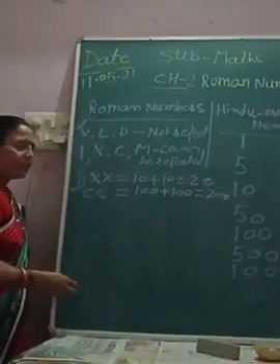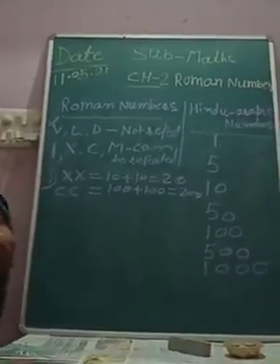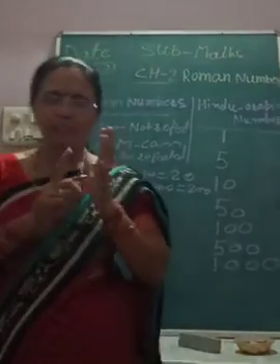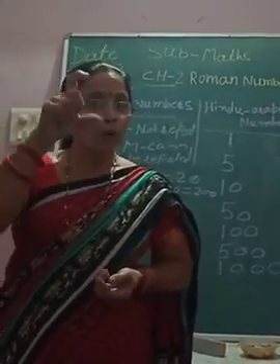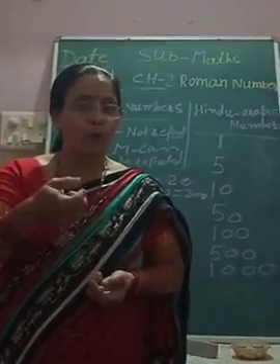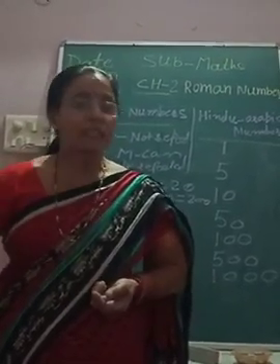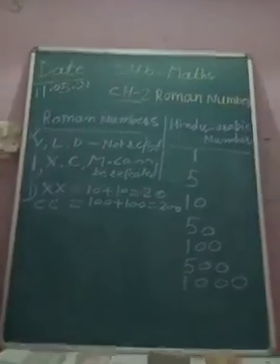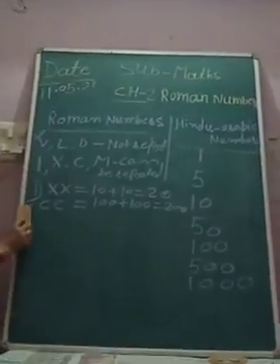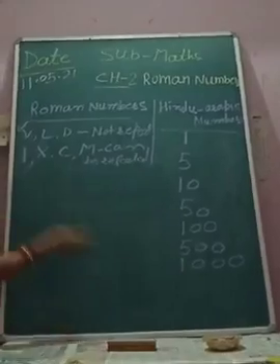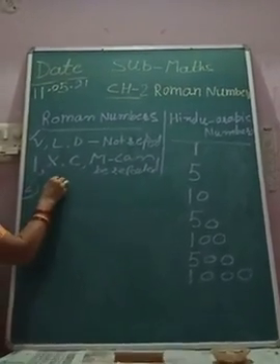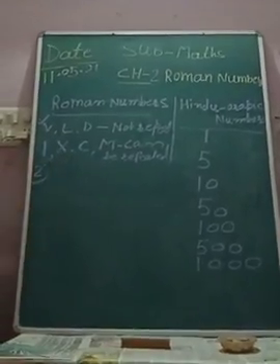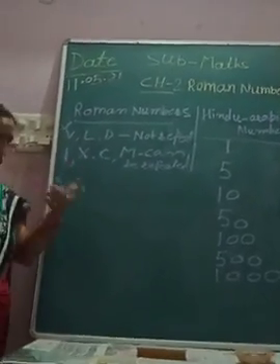Now, second rule, listen carefully. Second rule is when we put a lower digit of Roman numbers on the right side of the numeral. What I have told, because I have written each and everything and sent it to you, I am just going to revise.